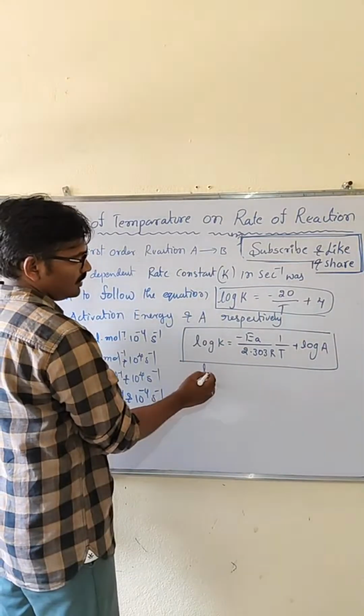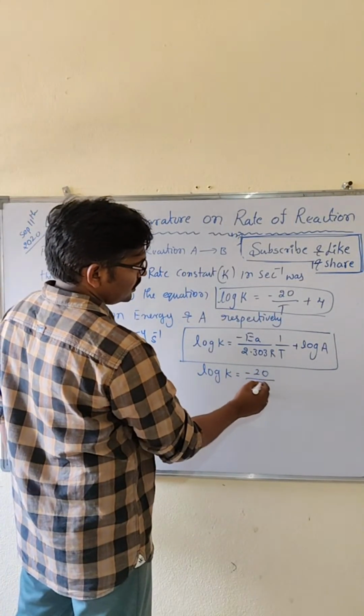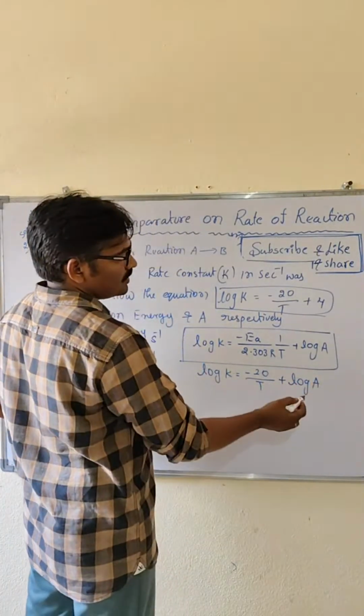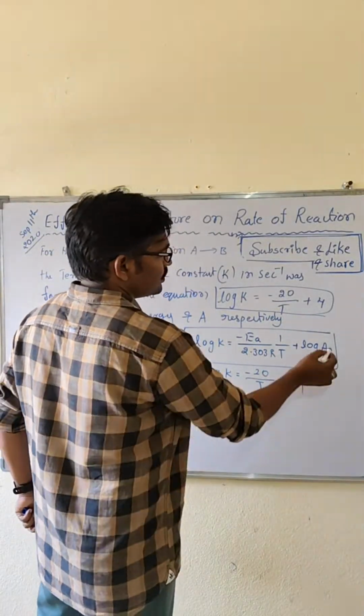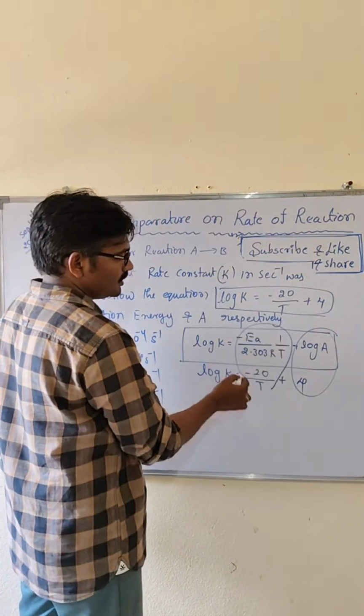So even here log K equals minus 20 divided by T, then plus log A, which is mentioned as 4. So log A equals 4.